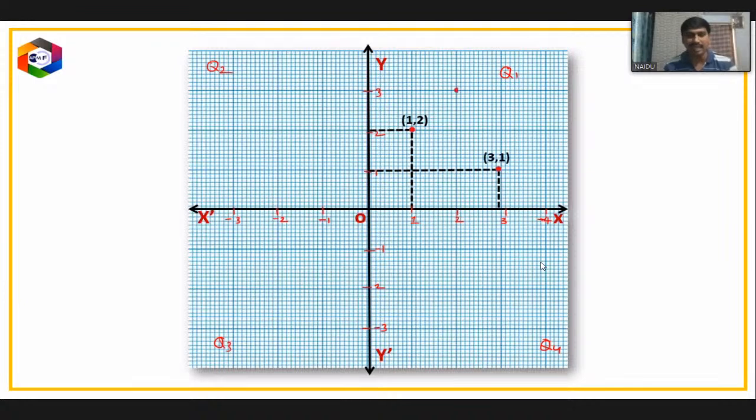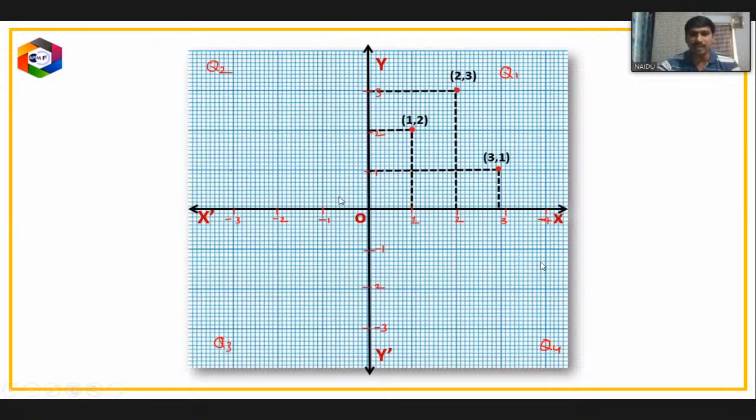So this can be named as (3, 1). Now let us consider one more point here. It is 2 units away from the y-axis and 3 units away from the x-axis, so it can be named as (2, 3). So all these points lie in quadrant 1.